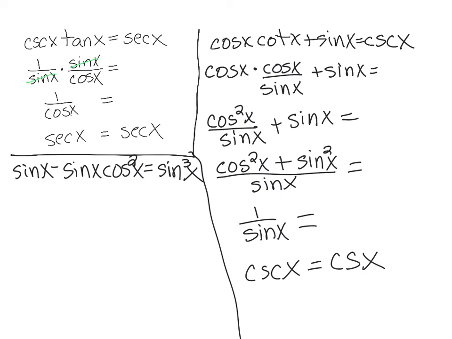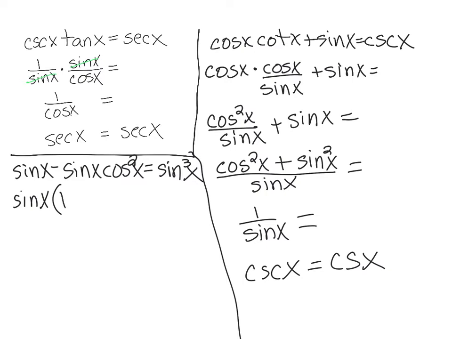Because there's no fractions and I can't change anything, I have to look for a different tactic. And I see that I have all sines on the right-hand side, and on the left-hand side I have two terms, both with a sine. So I'm going to just factor, simply because I don't have anything else that I can do. I have to be fearless and creative, all right?